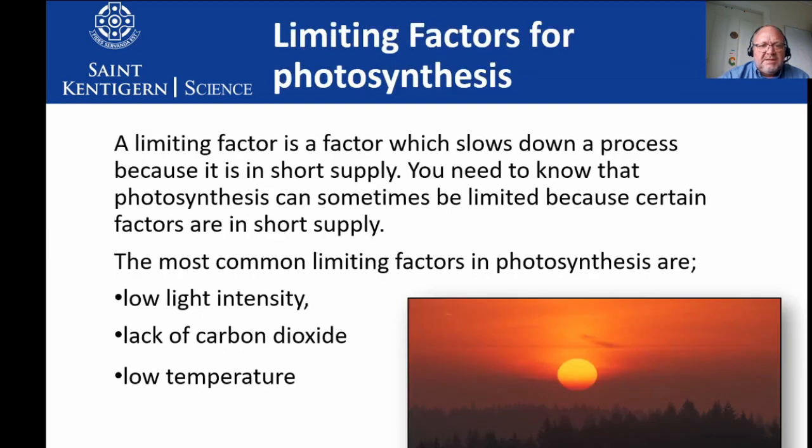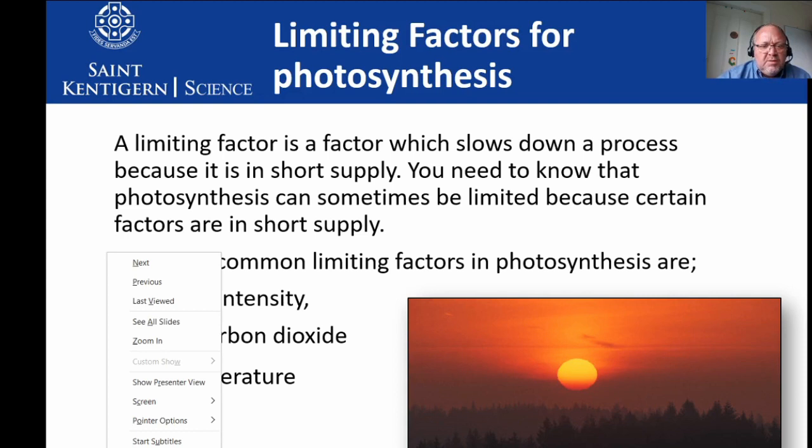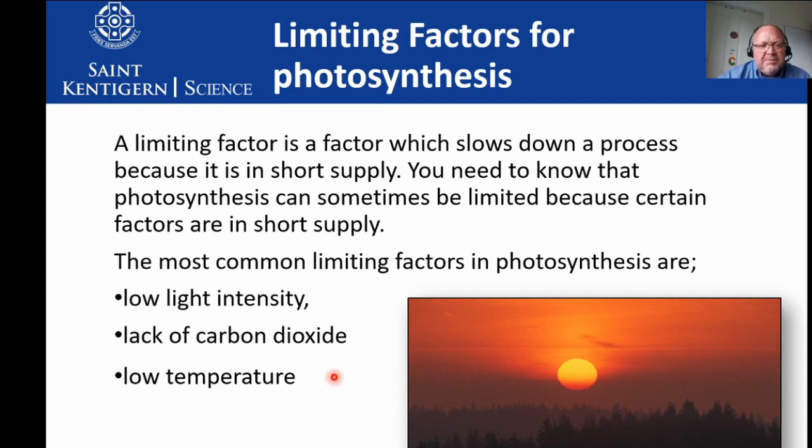So low light intensity, lack of carbon dioxide, and also low temperature. Now, how low temperature, you might ask? Now, if you think about it, when we have a low temperature, what happens to your enzymes? What happens to your kinetic energy of any chemical at low temperatures? In year 11, you learnt about rate of reaction, and what it means is that your kinetic energy slows down.